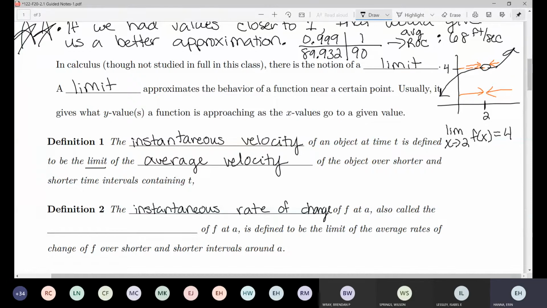So the instantaneous rate of change of f at a, also called the rate of change. Sometimes they drop the word instantaneous and just say rate of change. So the rate of change of f at a is defined to be the limit of the average rates of change of f over shorter and shorter time intervals around a. Again, we're taking the two values in the average rate of change and making them as obnoxiously close to each other as possible.